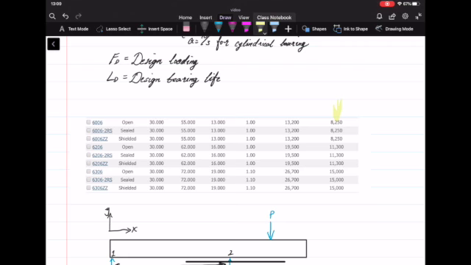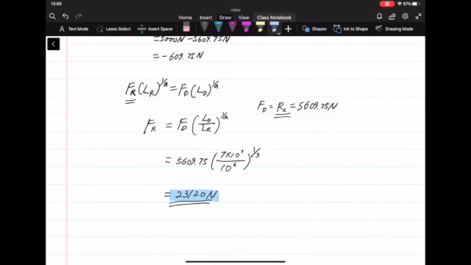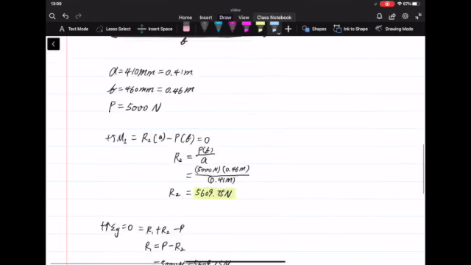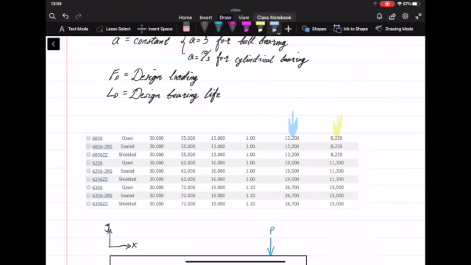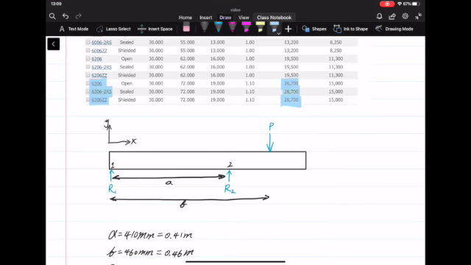And then the dynamic loading is right here, at least 23,120 Newtons, so about 23,000. So we have this one, this one, and this one. Depending on your applications, you can use any of the three, and this is our answer. We'll highlight this column right here.